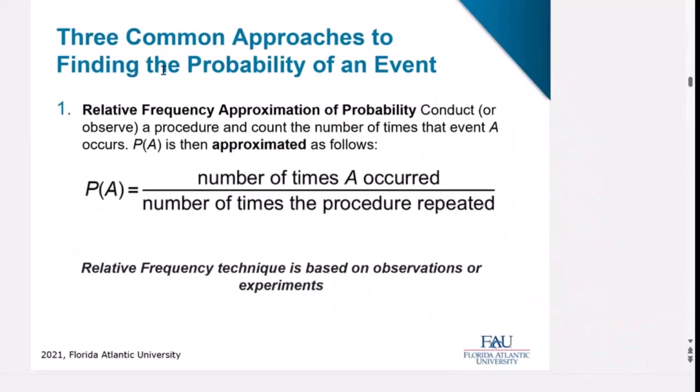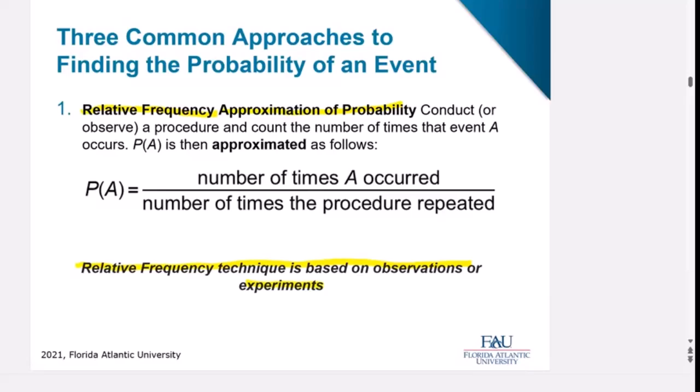Different approaches to finding probabilities of an event. We have relative frequency, which is an approximation of probability. When we conduct a procedure and count the number of times that an event occurs, the probability of A is then approximated. As we said before, P of A is equal to the number of times A occurs divided by the number of times the procedure is repeated.